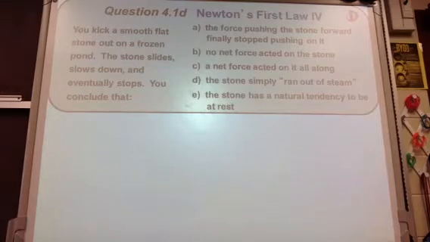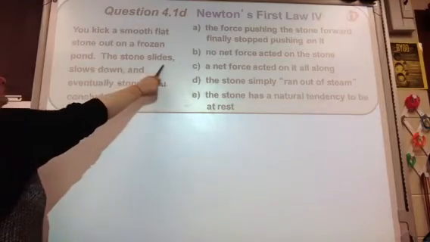Okay, so again, the stone slides, it slows down, eventually it stops. So in this case, I would say that a net force acted on it all along. If the stone was first at rest and I've applied some force because I kicked it, I know that since it started to move, it had to have accelerated.